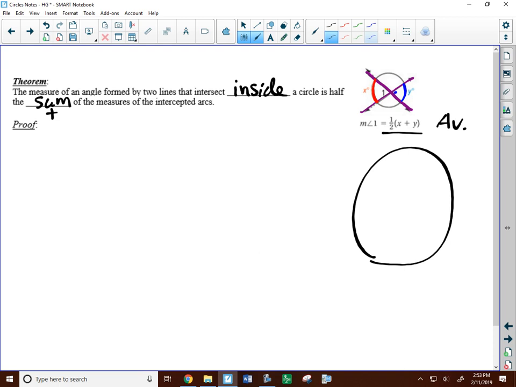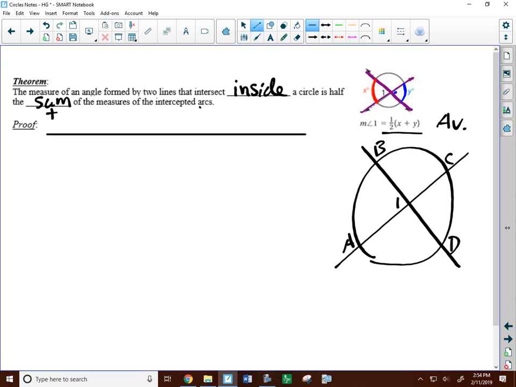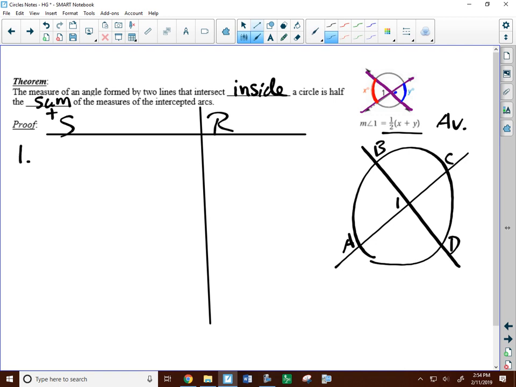Let me redraw this figure because I want to make it a little bit bigger. And I'm going to call this point down here A, this B, this C, and this D. And we don't know that's the center. It could be. All right, let's prove why this one's true. So let's assume we got statements and reasons.